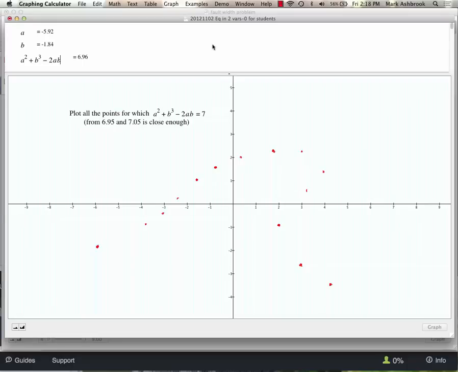So what we're really interested in is, start a new command line. We know our A is x, right? And our B is y. So x squared plus y cubed, thank you, that would have been anticlimactic, minus 2xy. And we want that expression to equal 7.